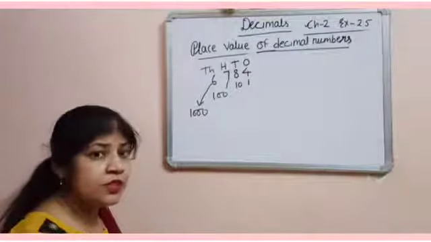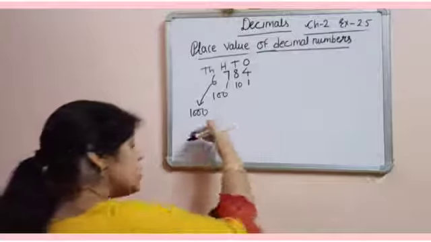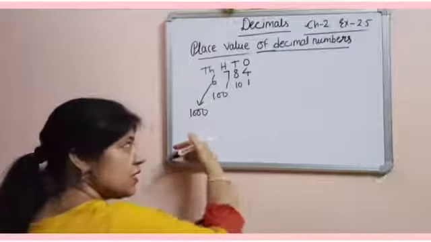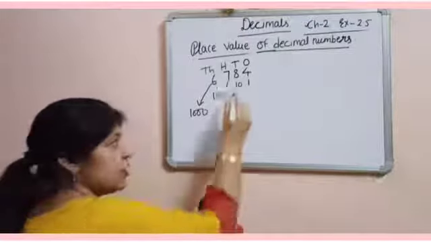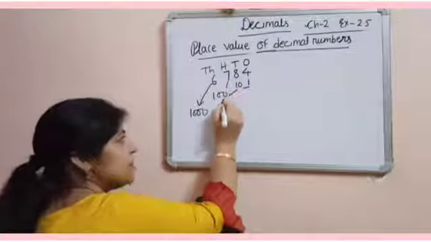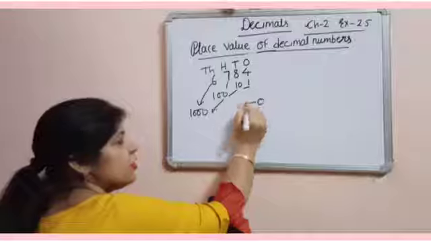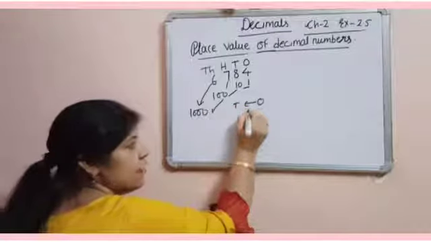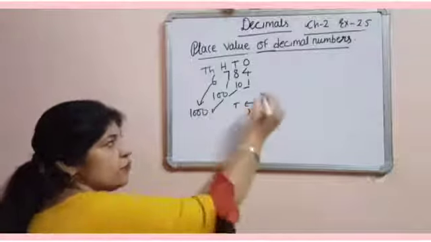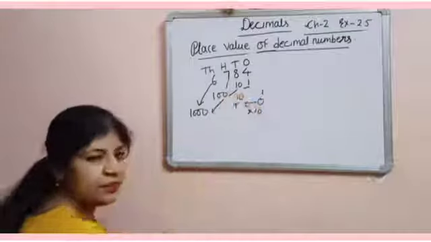Have you observed that when you are moving in this direction, towards the left hand side, the value increases by 10 times? From 1's to 10's, the value increased by 10 times, from 1 into 10.